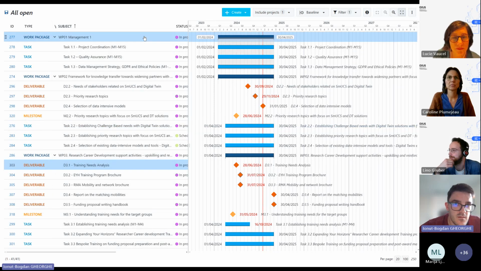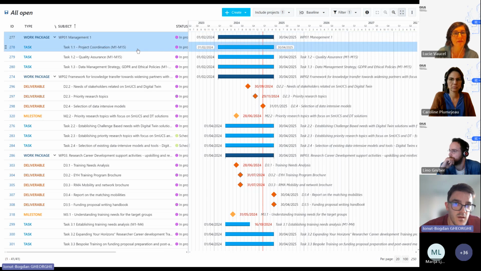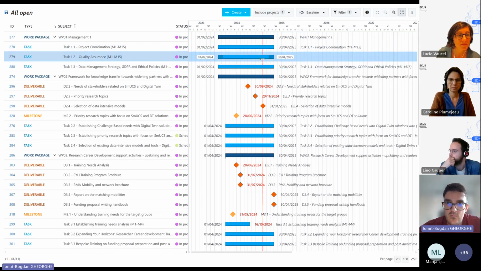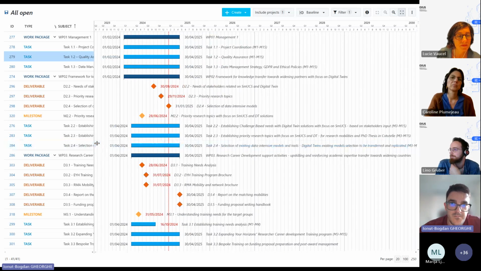Here you can see the first 4 work packages that I have in ENABLES. You heard about work packages that are transferable. The first one is regarding management. Under this work package, I have tasks, and you can see them graphically represented in the right part in this Gantt chart.